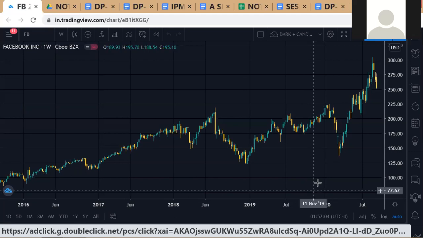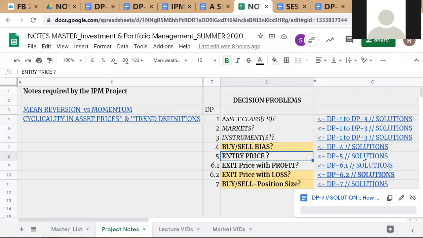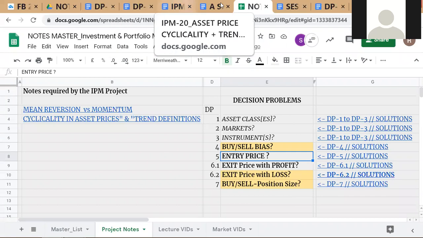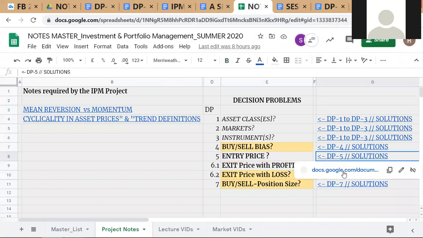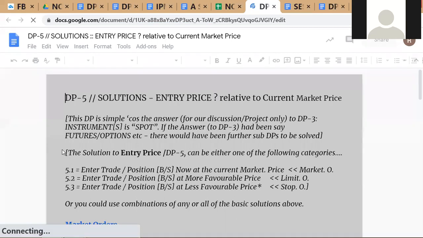So when we look at decision problem number 5, let's see, it's open. Okay, we don't have the 5 open, so I'll just open the 5 here also.